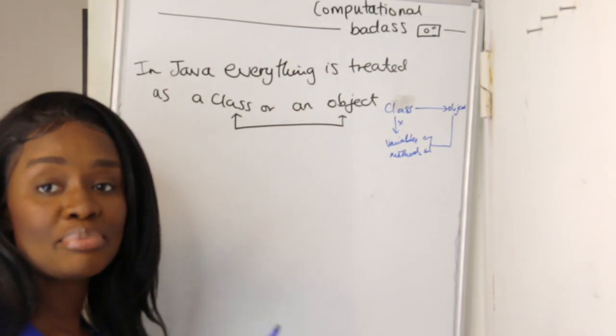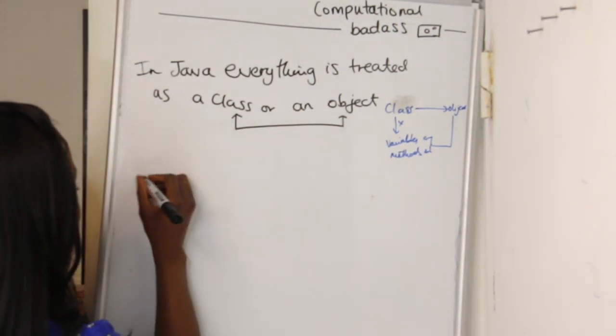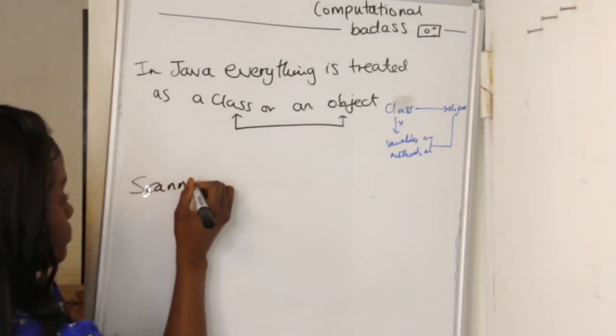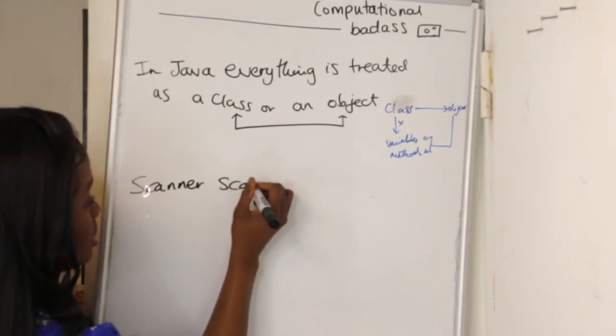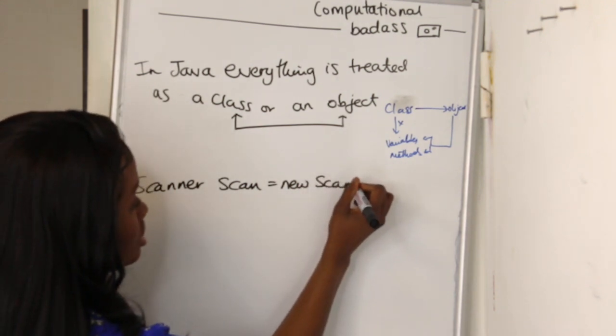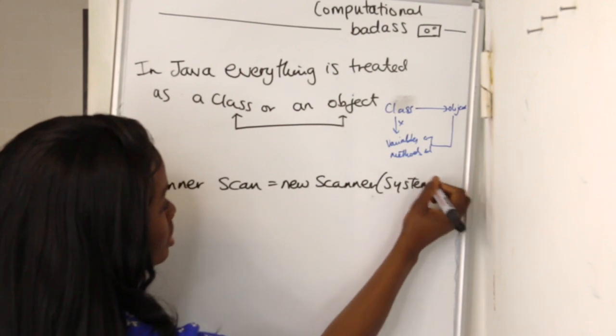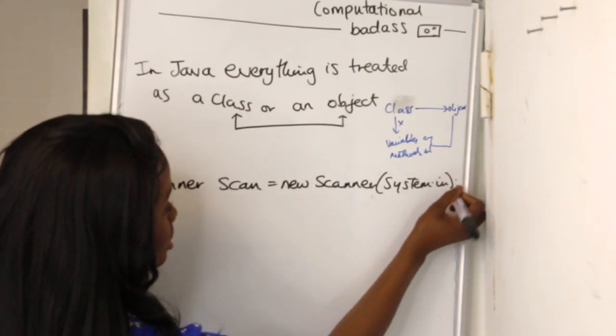So when we want to take an input from a user, we write this. I'll explain what all of this means. We write Scanner scan equals new Scanner(System.in).